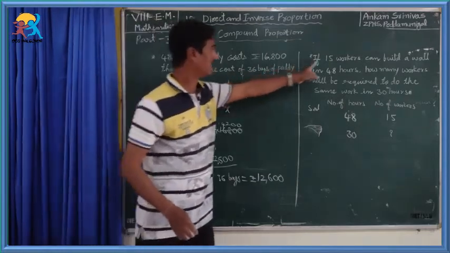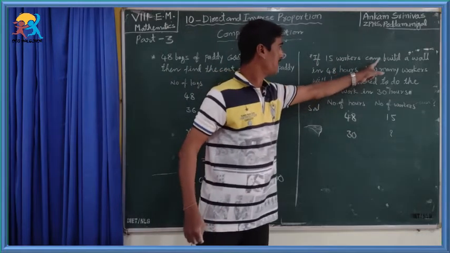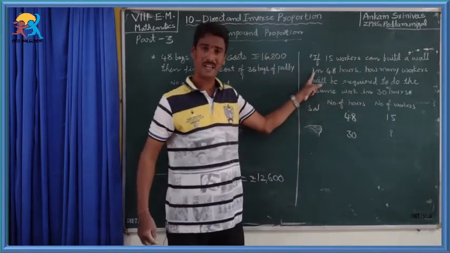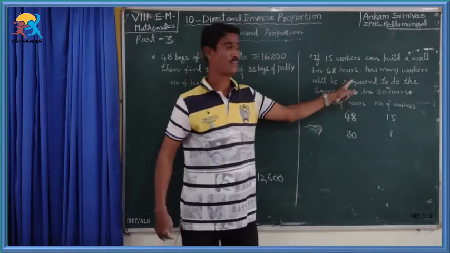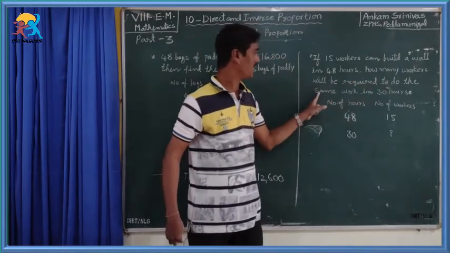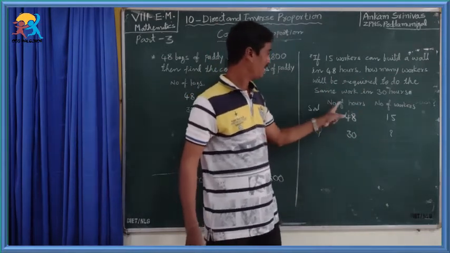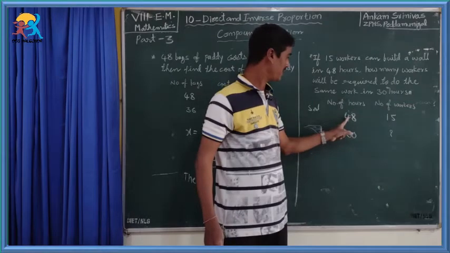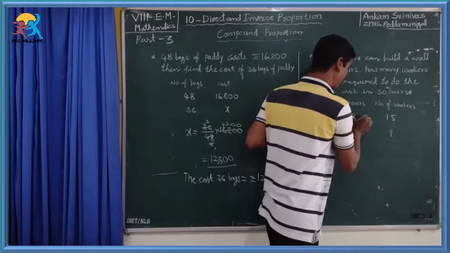Let's take another problem. If 15 workers can build a wall in 48 hours, how many workers will be required to do the same work in 30 hours? Let's say the number of hours is 48, in which 15 workers can complete the work.